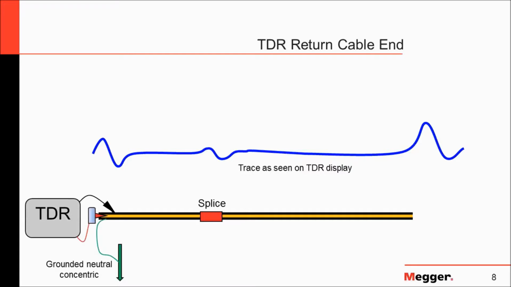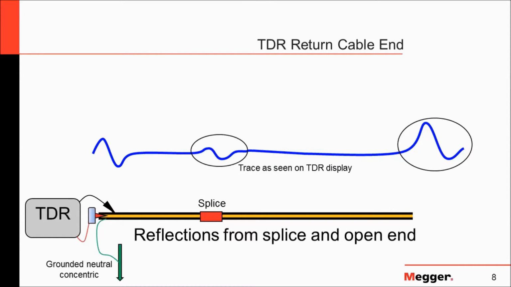That's the trace, or the impedance signature, that we would actually see on the display of the TDR. What we're interested in is we can see a reflection off the splice, and we can see a reflection off the far end of the cable. Also over here on the left-hand side, I didn't circle it, but this is a reflection at the connection point. I would call this the characteristic hookup impedance. There's always a bit of bump up, bump down on the left-hand side of your display screen.